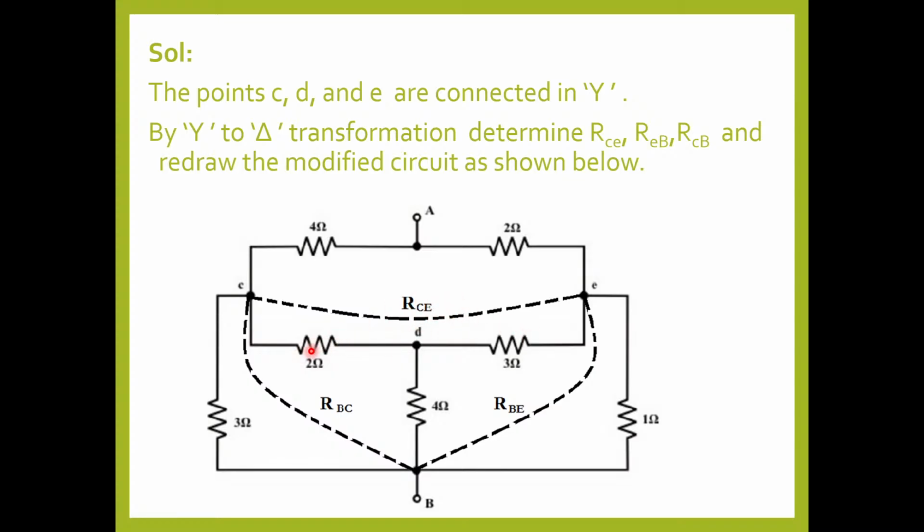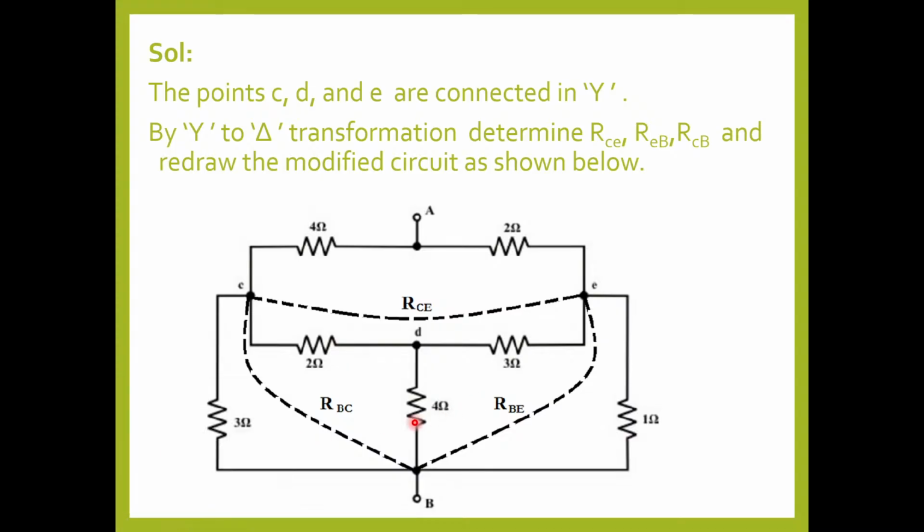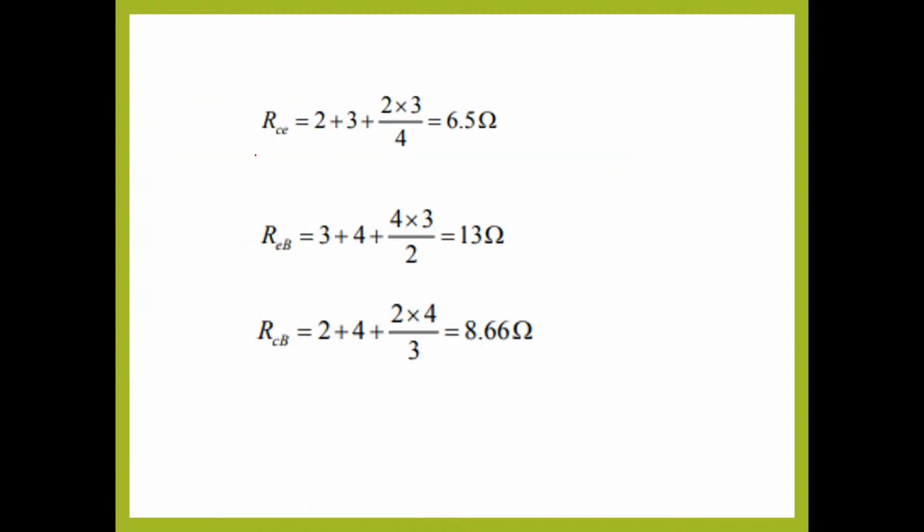So RCE is equal to 2 plus 3 plus 2 into 3 divided by the opposite resistance, which is 4 ohms. You will get RCE as 6.5 ohms.